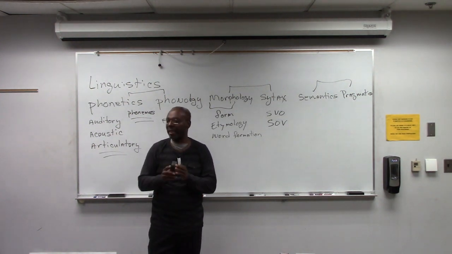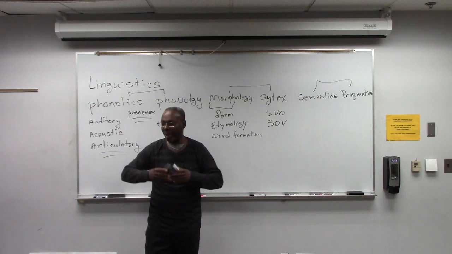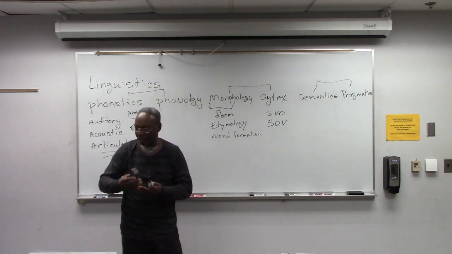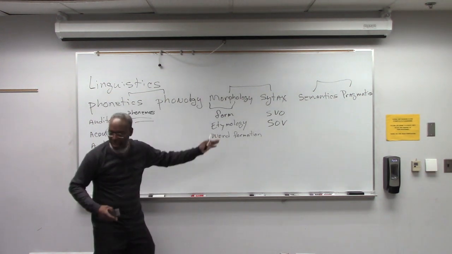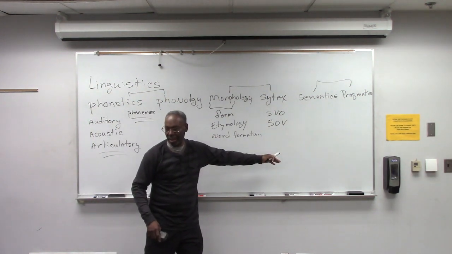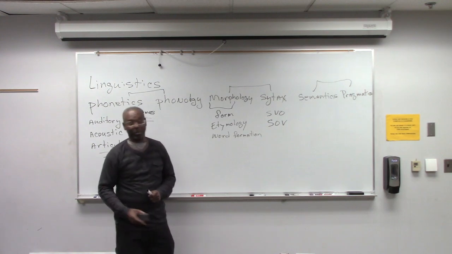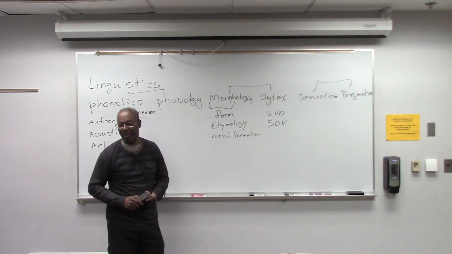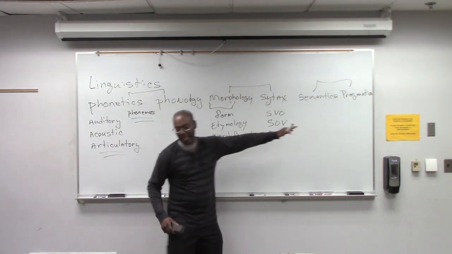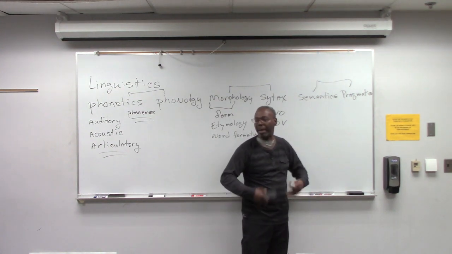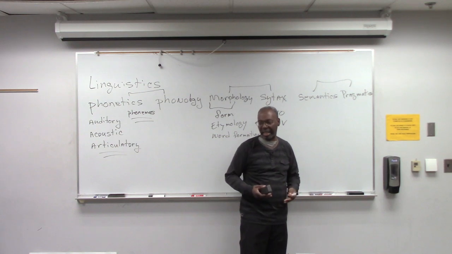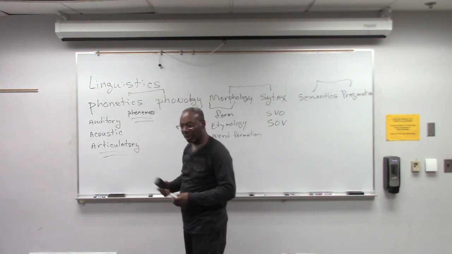You're just looking at the words and how they express meaning, like he did with synonyms and antonyms. No scrutiny. Pragmatics, you're studying words, meanings, and phrases in context, contextual, with scrutiny.